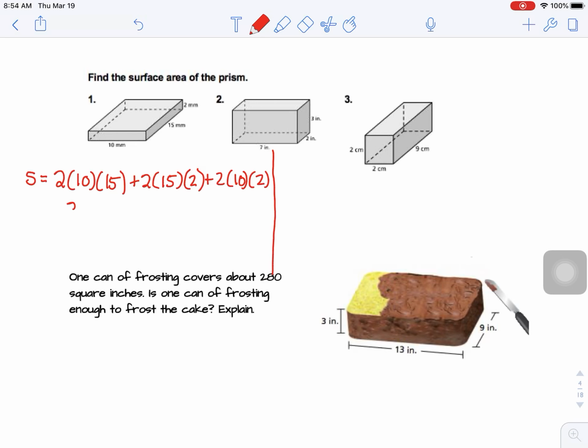If I multiply that out, this would be 300 plus 60 plus 40, which would give me a total of 400 millimeters squared.